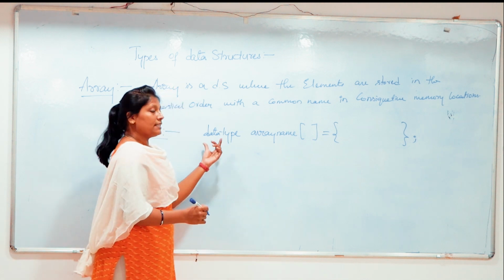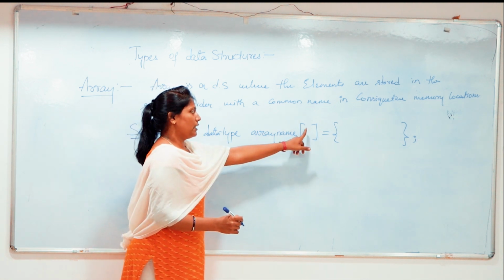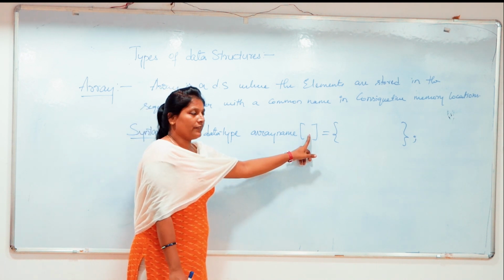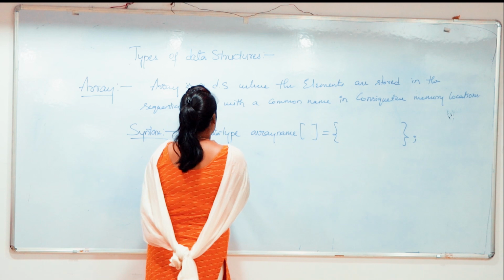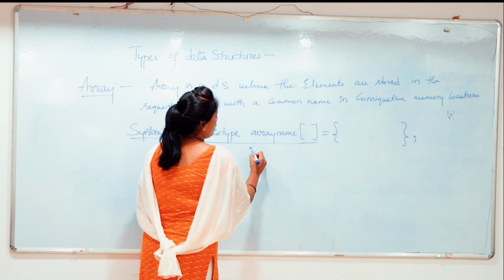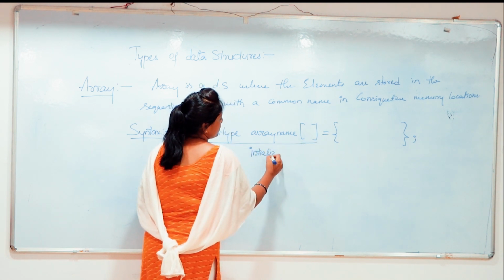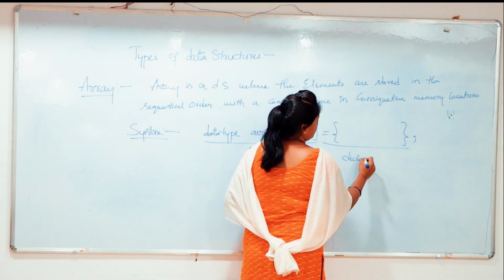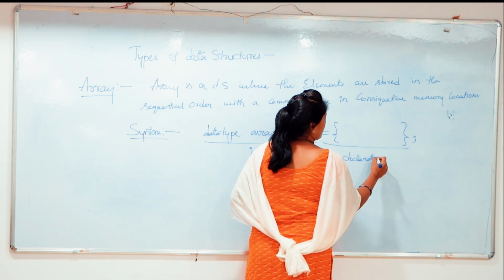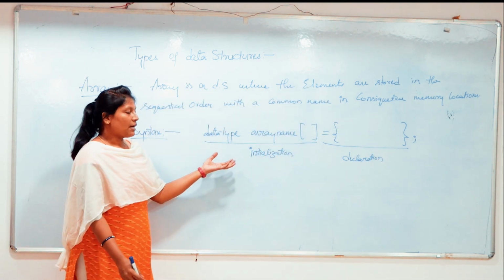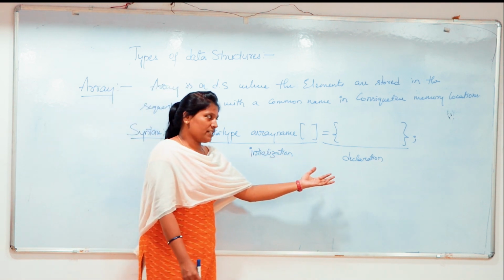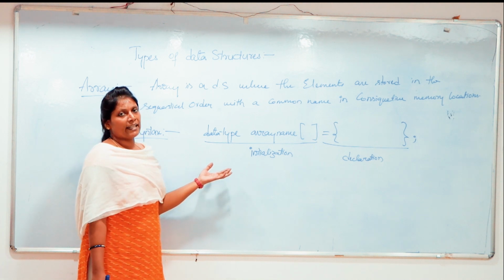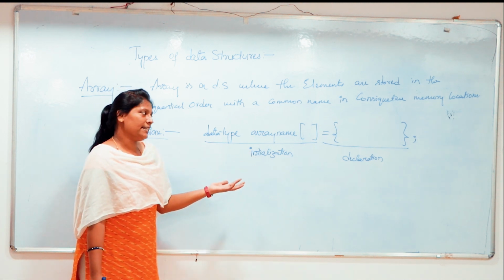Here within the square brackets we will write the size of the array, how much size we will take, and that is equalized to this part, which is called initialization, and this is a declaration. Either we can do it separately, initialization separate and declaration separate, or both we can do at a time, initialize and declare together.